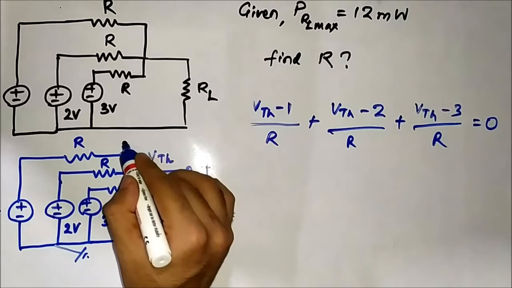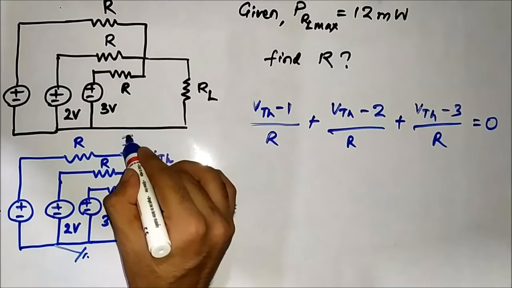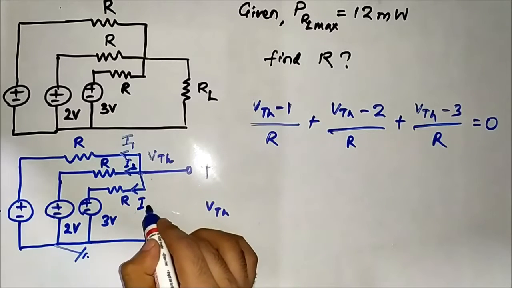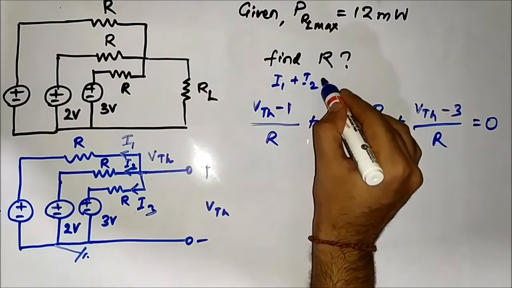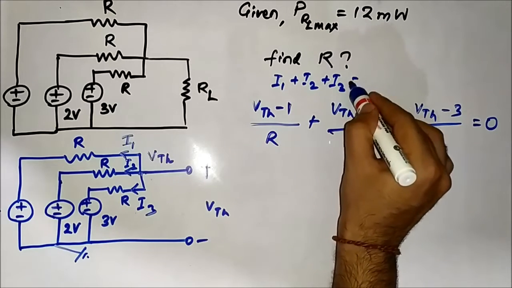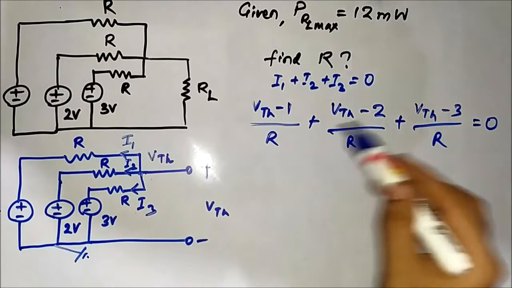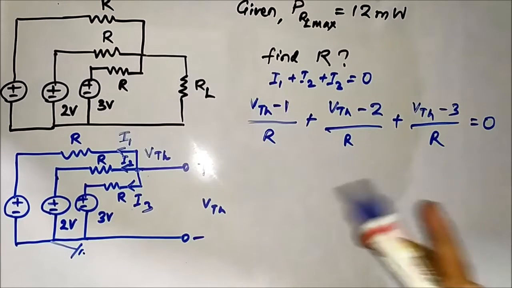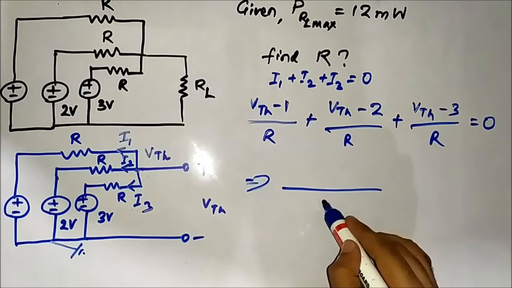For these currents, let's name them I1, I2 and I3. I1 plus I2 plus I3 is equal to 0. I1 is (VTH minus 1) by R, I2 is (VTH minus 2) by R, I3 is (VTH minus 3) by R. Here if we take the LCM, it will be R.